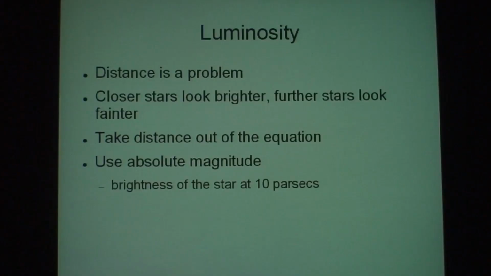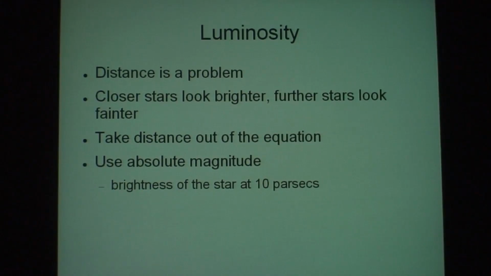So the next thing we needed was the luminosity. Well, that's easy. That's just the brightness. Except, of course, when you move a star further away, it looks fainter. If you bring it closer, it looks brighter. So we have to get rid of the distance.